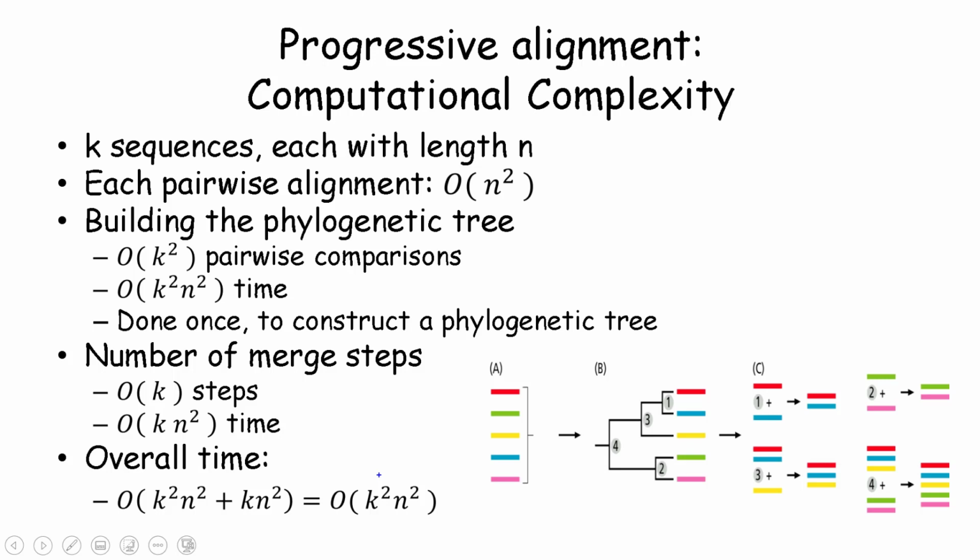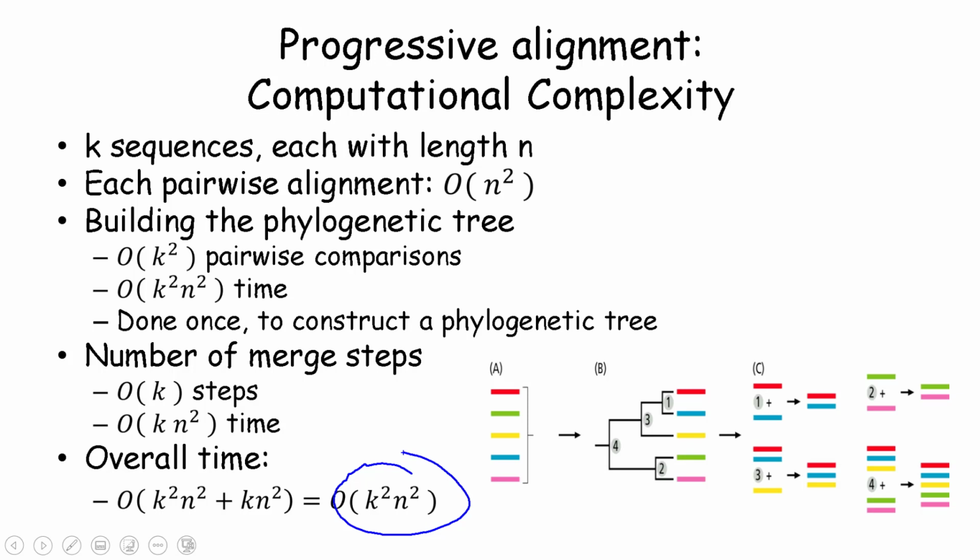Unlike the full dynamic programming solution that was exponential in k, the time requirement for the progressive alignment does not grow exponentially. To give you an idea of how fast this grows compared to the full dynamic programming algorithm, let's say aligning 3 sequences, each with 10 residues, would take you about 1 hour to align using progressive alignment, compared to 7 hours you had to spend for the full dynamic programming.